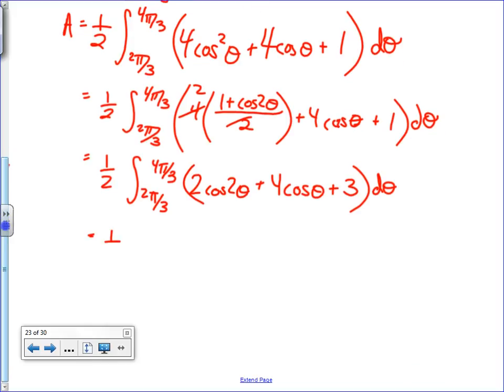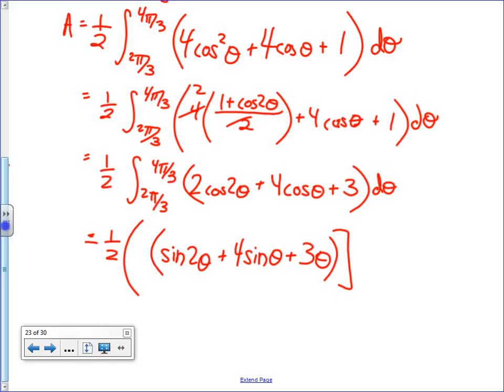So I could say 1/2. U is 2 theta, du is 2. I have it, so I'm good. So I end up with sine 2 theta plus 4 sine theta plus 3 theta from 2 pi over 3 to 4 pi over 3.